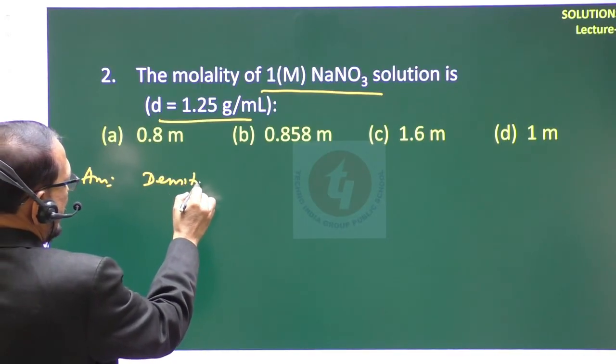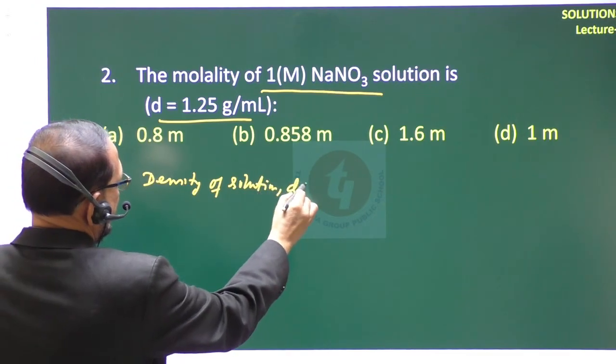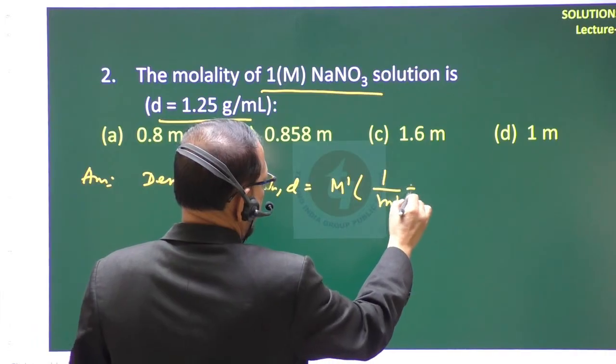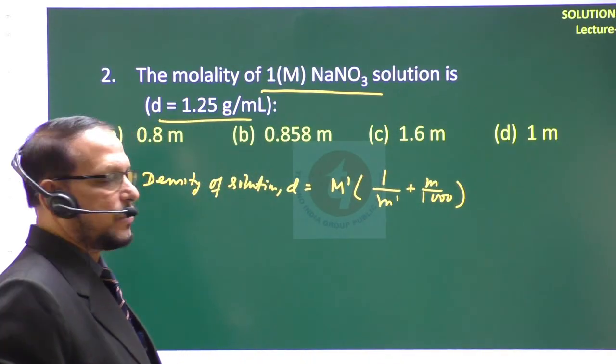Density of the solution, d is equal to 1 by (1 by m dash plus M by 1000). This relation is required.